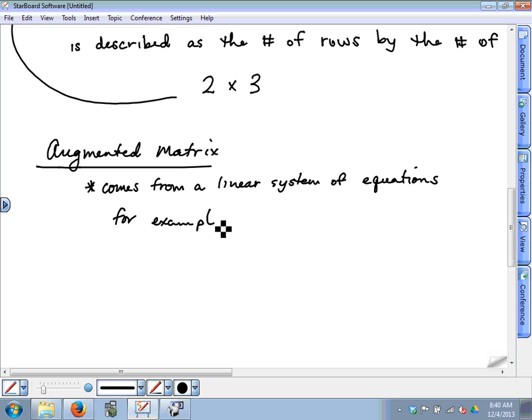For example, here's a linear system of equations. 2x minus 3y equals 9, and 3x plus 7y equals 10. That's what we dealt with back in chapter 10.1. Just a linear system of equations.